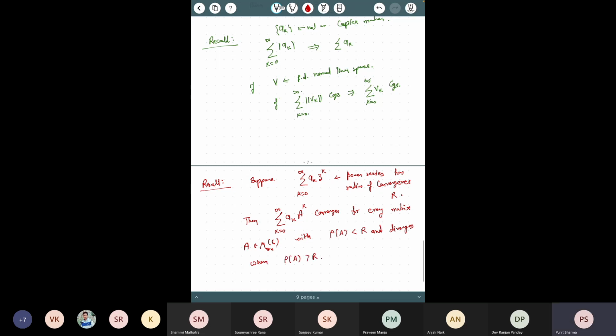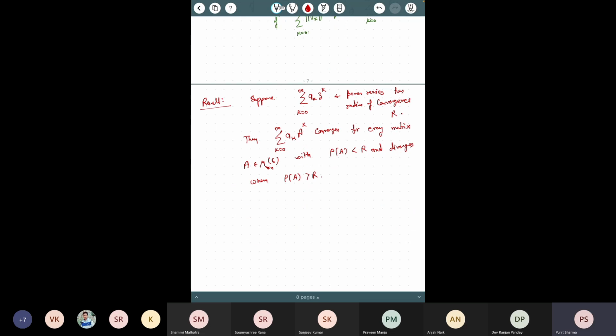So this result is very useful now. You can see why, because this tells you when such a series makes sense. Such a series is convergent if rho(A) is less than r, and diverges if the spectral radius is greater than r. But what is this r? This r is nothing but the radius of convergence of this power series, and this is a simple power series of real or complex numbers.